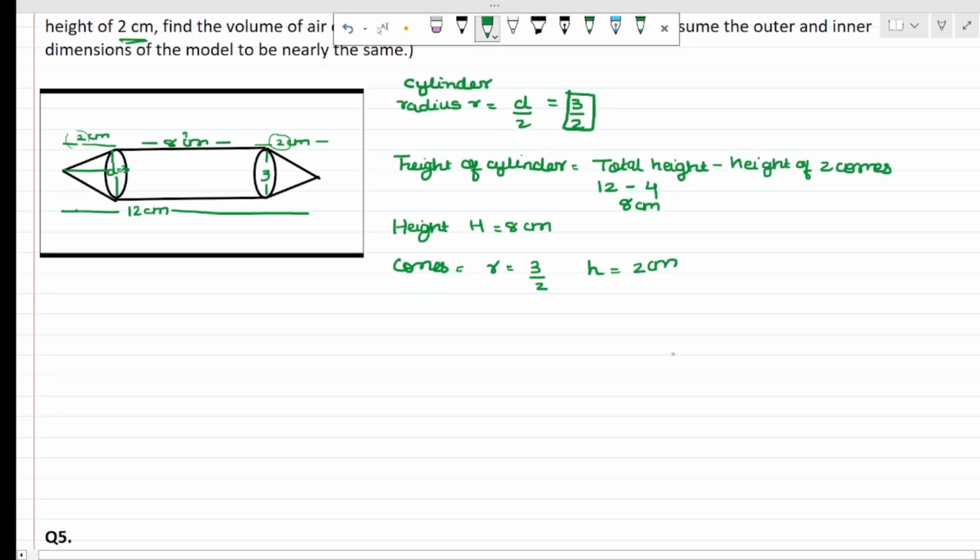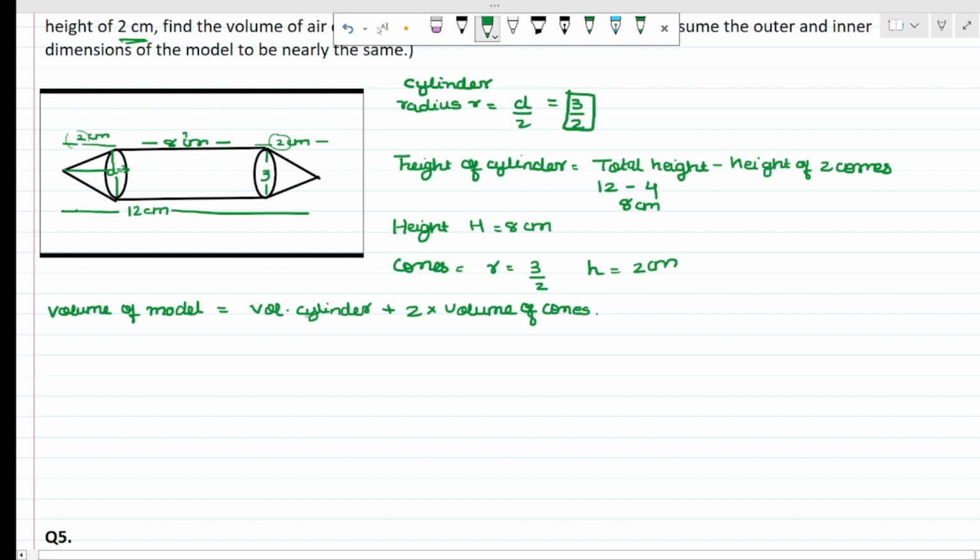Now write down the volume of the model: volume of the model equals volume of the cylinder plus 2 into the volume of a cone, since two cones are used.